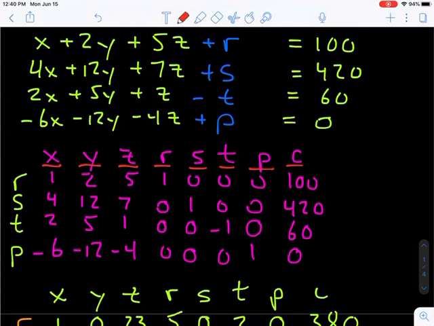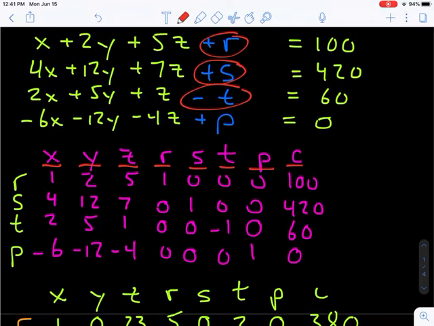And then R, we only have an R in the first constraint, so we have 1 and then zeros. S is only found in the second constraint, so we only have an S in the second row. Everything else is zeros. T, we only have a T in the third constraint, and notice that it's a minus T, so we're going to have a minus 1 in the third row of the T column.